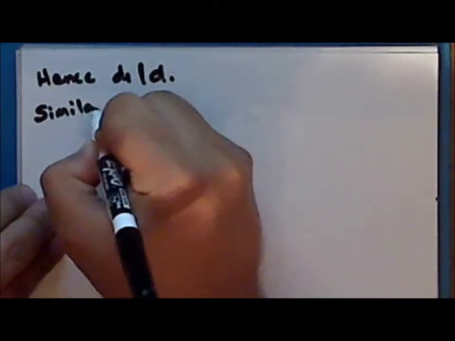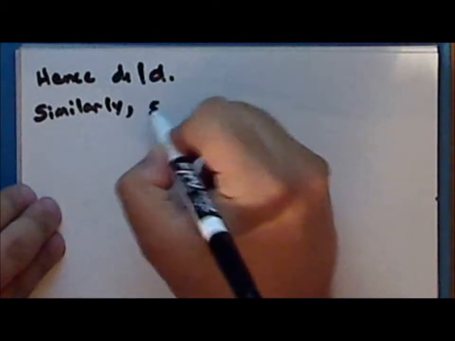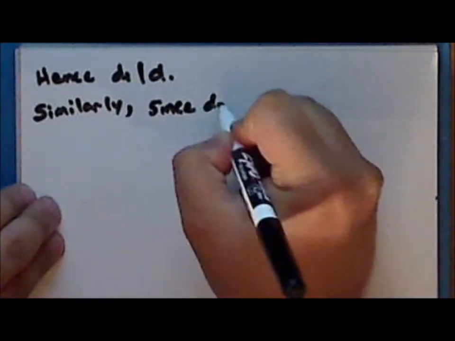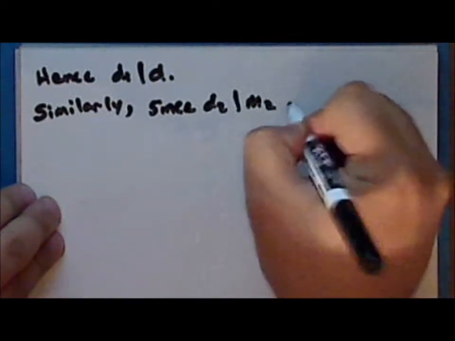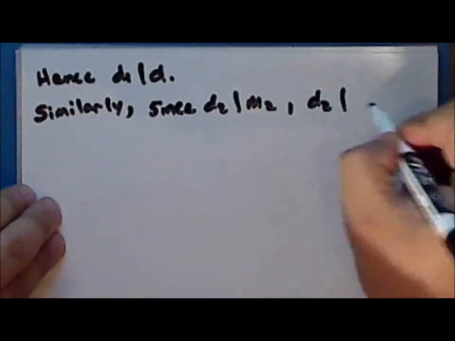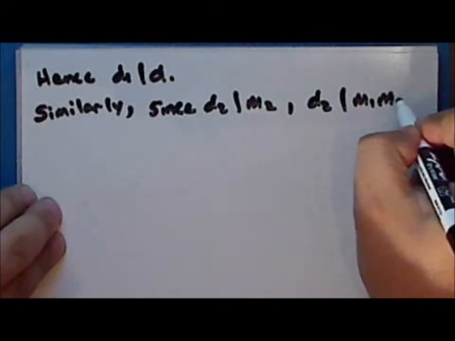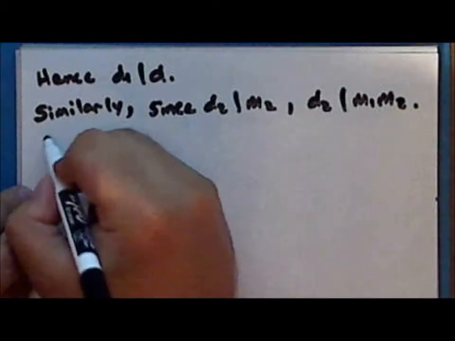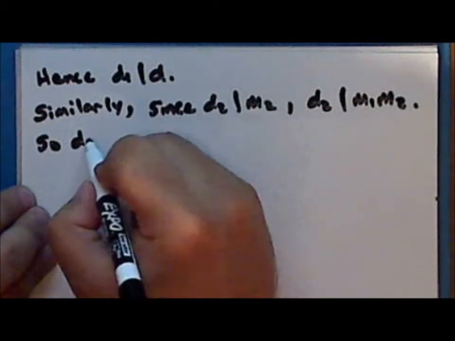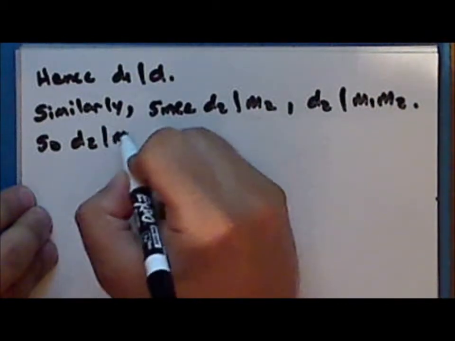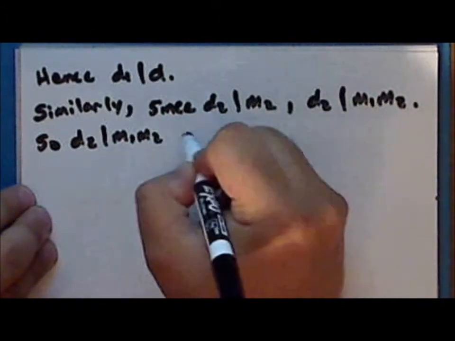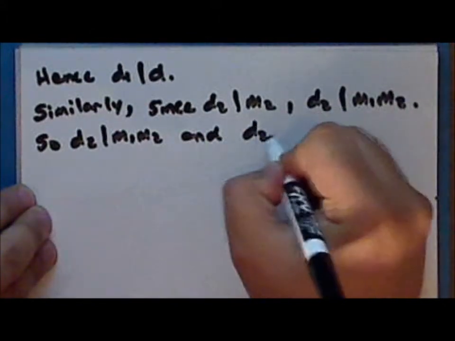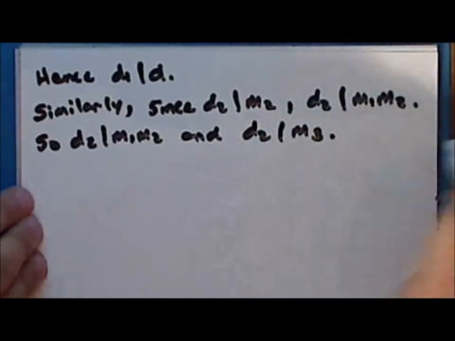Similarly, since d sub 2 divides m sub 2, d sub 2 divides the product m sub 1 times m sub 2. And so d sub 2 divides the product m sub 1 times m sub 2, and d sub 2 divides m sub 3.